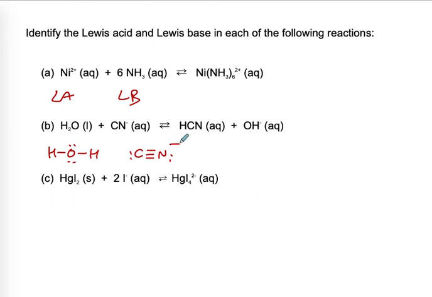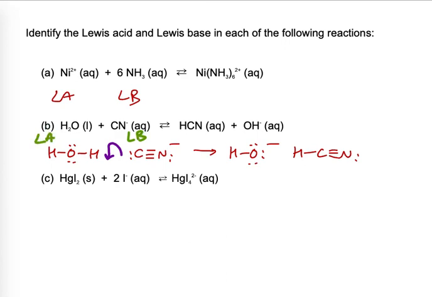In this reaction, cyanide takes a pair of electrons from carbon and donates it here to form a new hydrogen-carbon bond, leaving behind the hydroxide anion. Since cyanide donated a pair of electrons, it is the Lewis base. And since water accepted the pair of electrons, it is the Lewis acid.